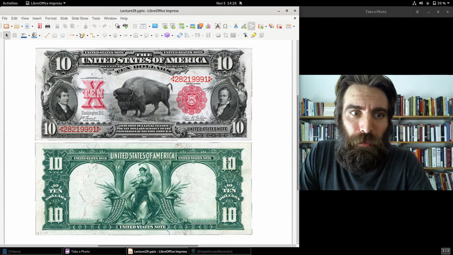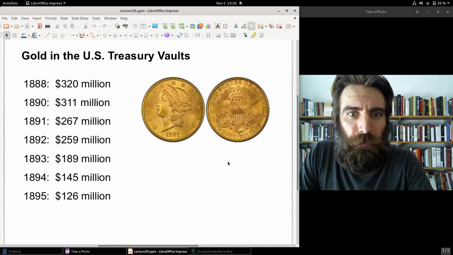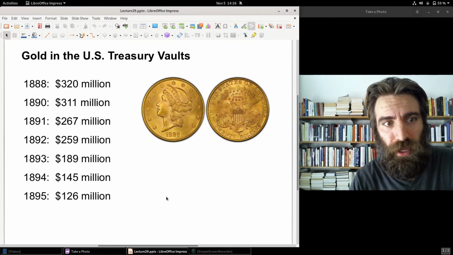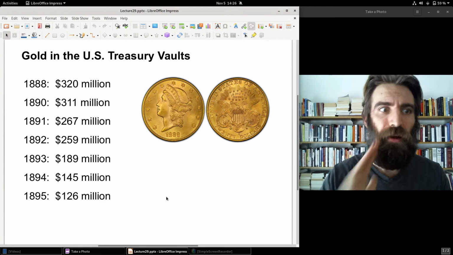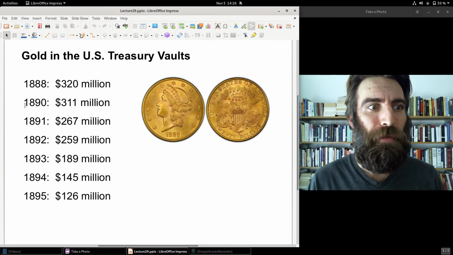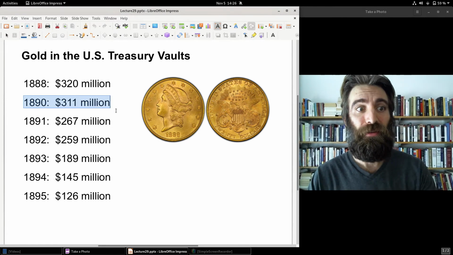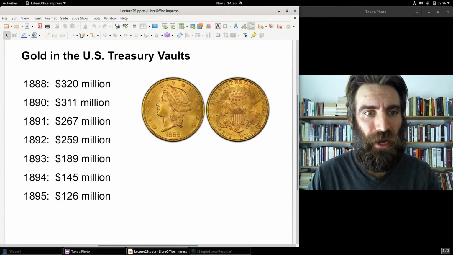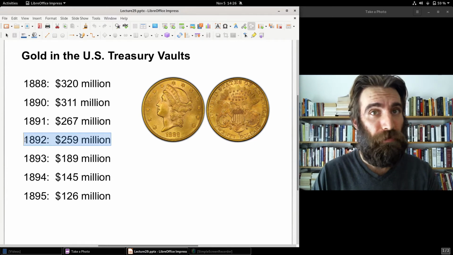Now, you'll remember during the Panic of 1893, I said the gold in the U.S. Treasury vaults was going down, down, down. It looked like it was disappearing because the U.S. commitment to gold was rocky after the Sherman Silver Purchase Act, and especially as populists began clamoring for free silver.